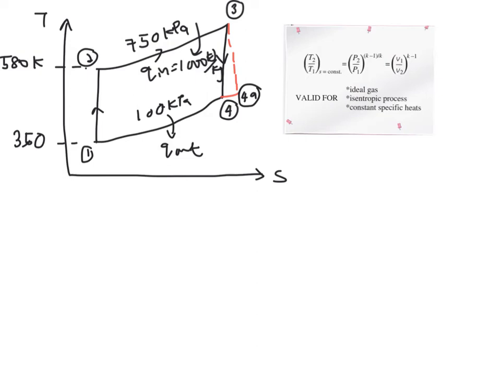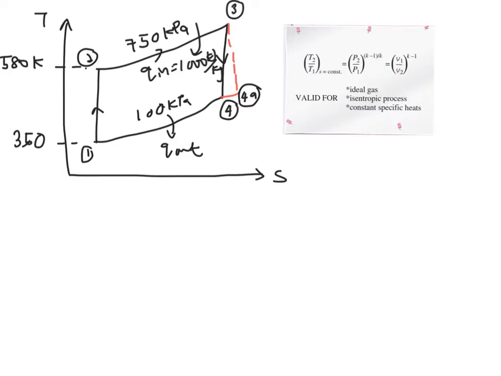Alright, so in solving your Brayton cycle, you have other relations over here that you can play around with in order to obtain one of the values needed. It's either temperature, pressure, or your specific volume.